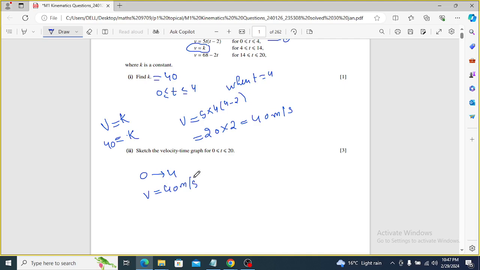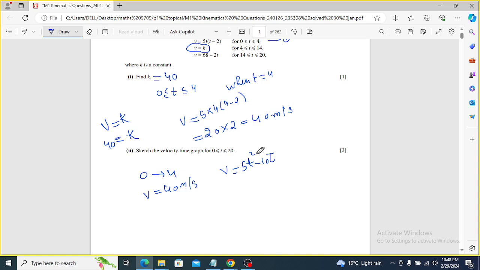Okay, we did that. Now the first equation is actually the quadratic equation. Look at the first equation. If I multiply 5t with the bracket, it will be 5t square minus 10t.